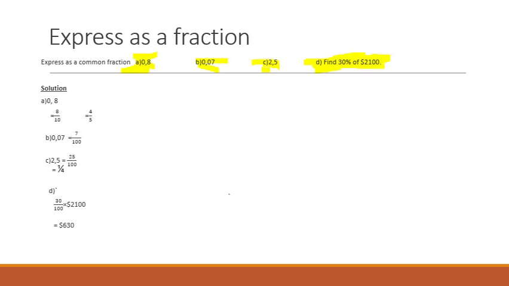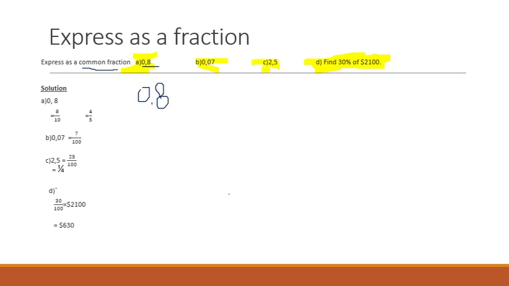What do we do? Let us look at the first one. We want to express this as a common fraction. What are we going to do? This is 0.8. We want to express this as a fraction.